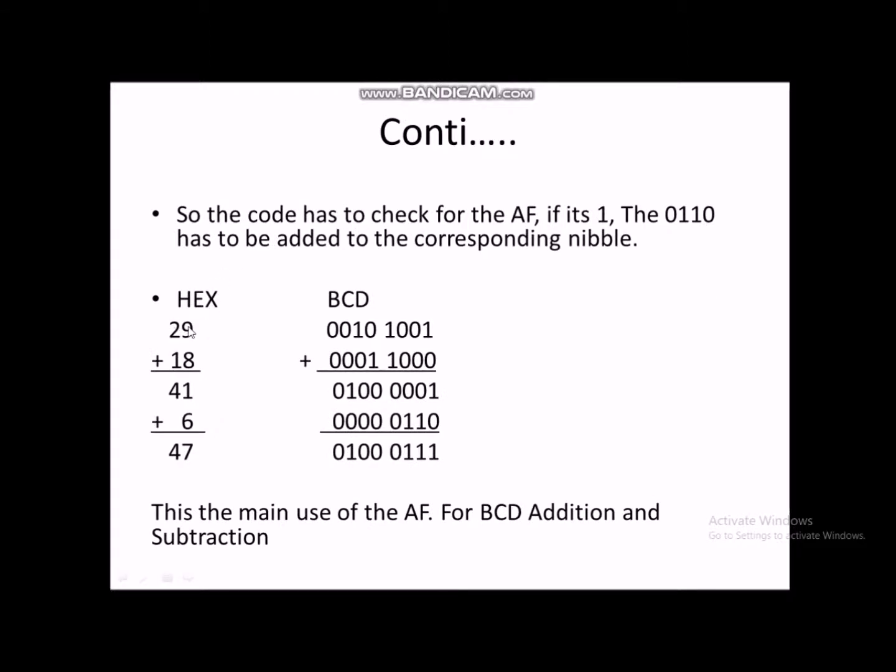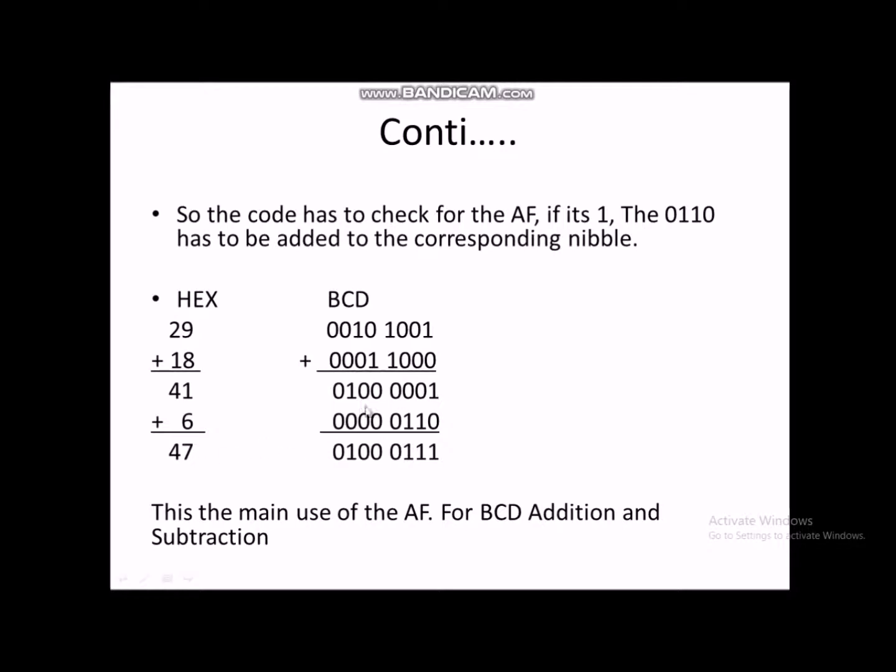If we add 29 to 18, we are supposed to get 47, but the BCD addition gives us, for example, here we have 0010 for 2, 1001 for 9, 0001 for 1, and 1000 for 8. If we do the corresponding addition, as you can see, the result here is 41, but it's not true.